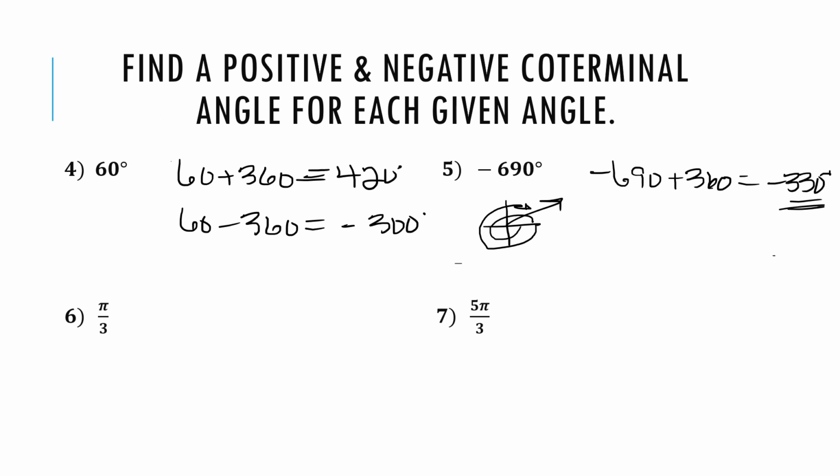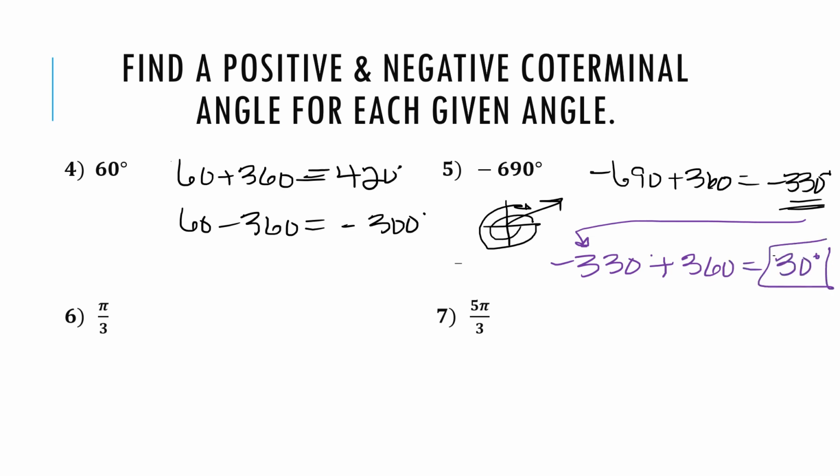I'm going to use this coterminal angle that I just found, negative 330, and add another rotation so that I can find a positive coterminal. My positive coterminal would be that little purple section right here, 30 degrees. Sometimes you're going to have to add multiple times if your angle is really negative, or you might have to subtract several times if your angle is an extreme positive value.